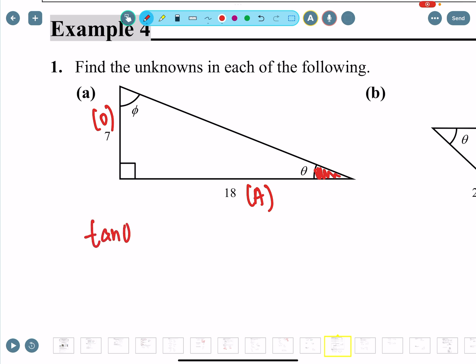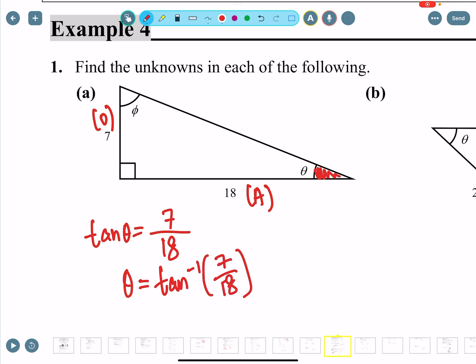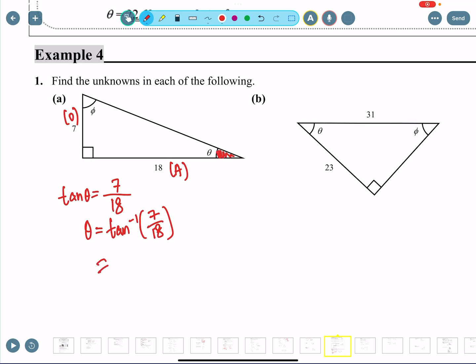Tangent theta equals opposite divided by adjacent, so 7 over 18. Theta equals, now how you move tangent to the right is actually shift tangent. So when you do shift tangent, you're gonna see this, tangent -1, 7 over 18. But I don't really write this step, so I'm just gonna write it for the first question here.